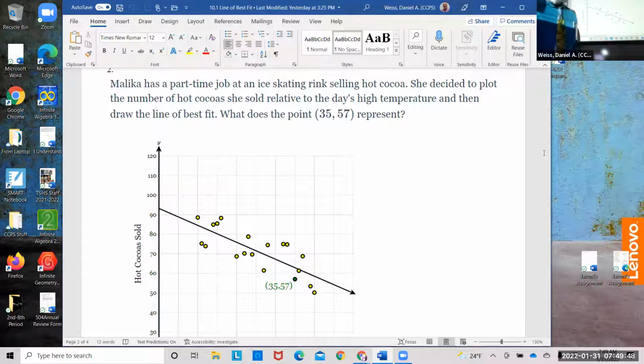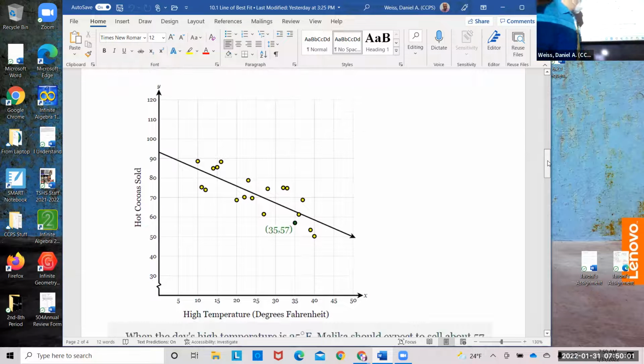So the question says, what does the point 35, 57 represent? 35, 57 is right there. So in other words, 35 is here, where it says high temperature, right? 35, and 57 is hot cocos sold, right?